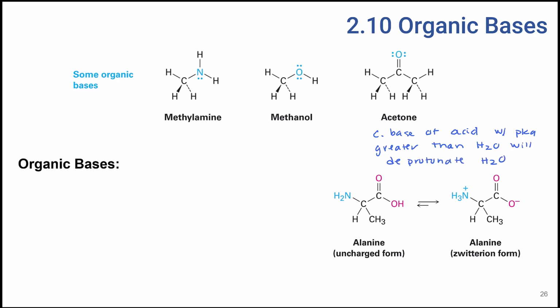Some conjugate base that has a pKa that's going to be greater than water will deprotonate water. So methanol has a pKa of 16. So that means that the CH3O- is going to deprotonate water. So the conjugate base of that acid is going to deprotonate water.